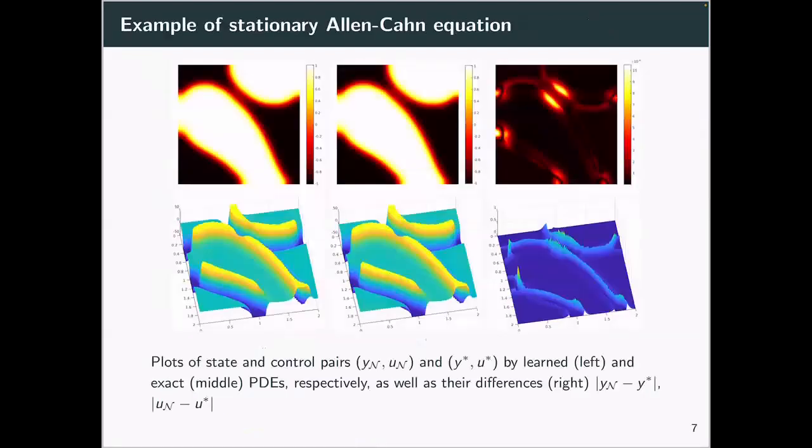Instead of going into too much detail on the numerical algorithms, I just give you some visual comparison of the solutions of the learning-informed optimization problem and the original one, since we cook up some examples.